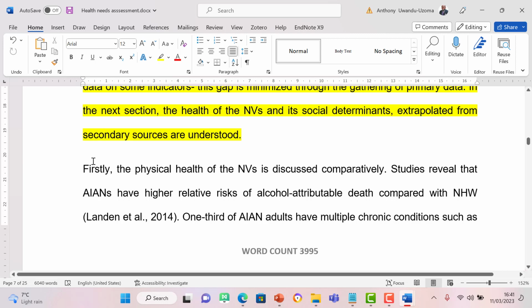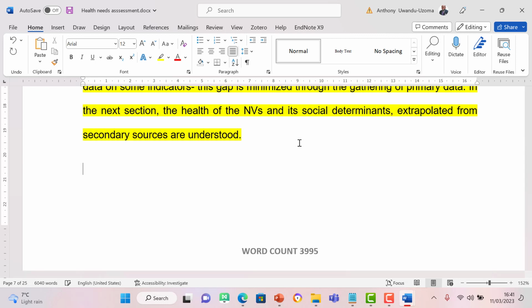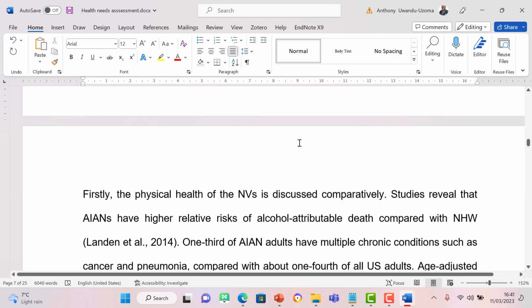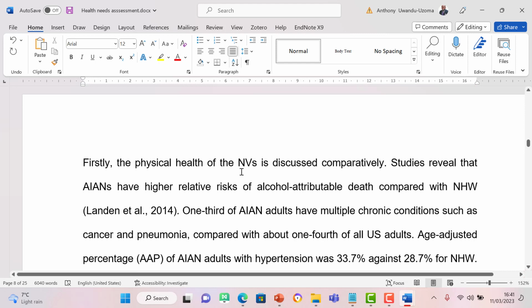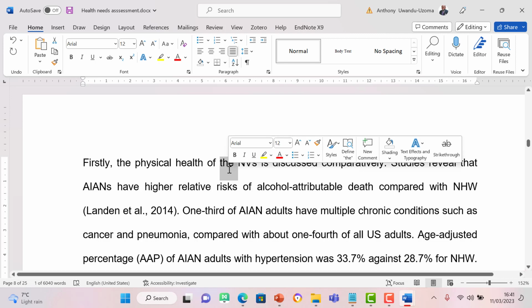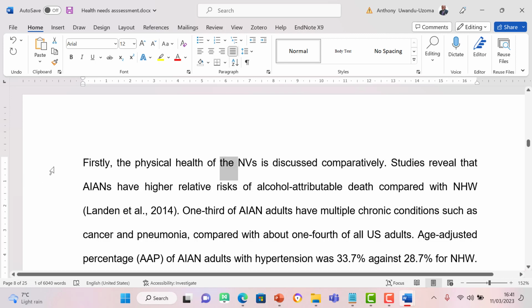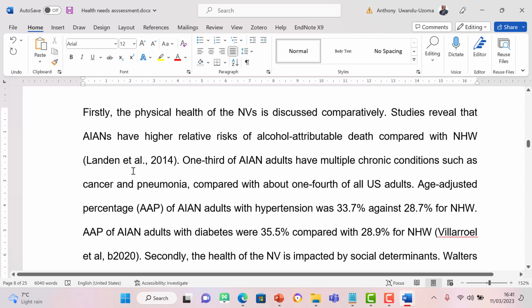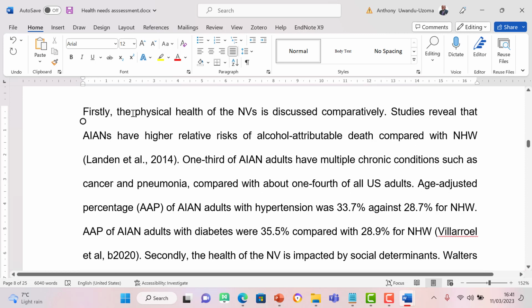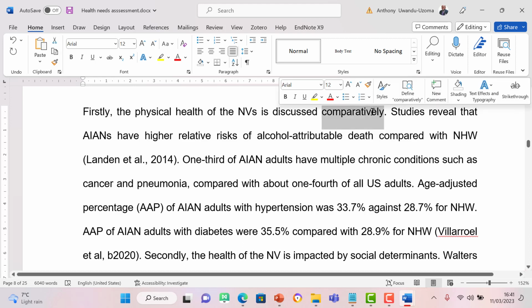So here is the health status of the population that we're looking at. If you are talking about obesity or child obesity, this is where you will go deep into it, with statistical data to back up why those things are important. So now, the physical health of non-veterans is discussed comparatively.